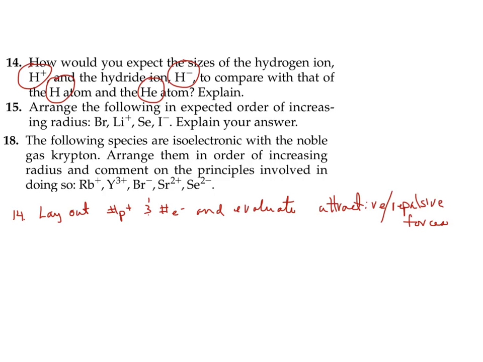So I circled H plus, H minus, like really? And He. So my advice for 14 is, when I say lay it out, it's up to you, but I would list them each. Might go in that order, I don't know.